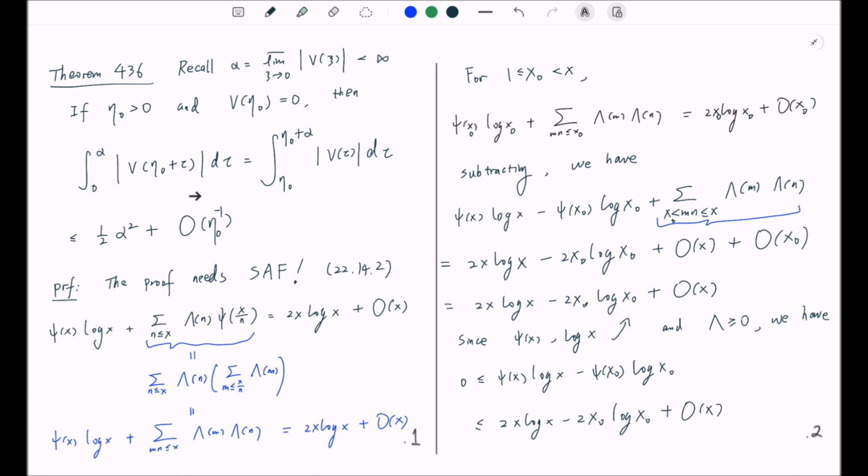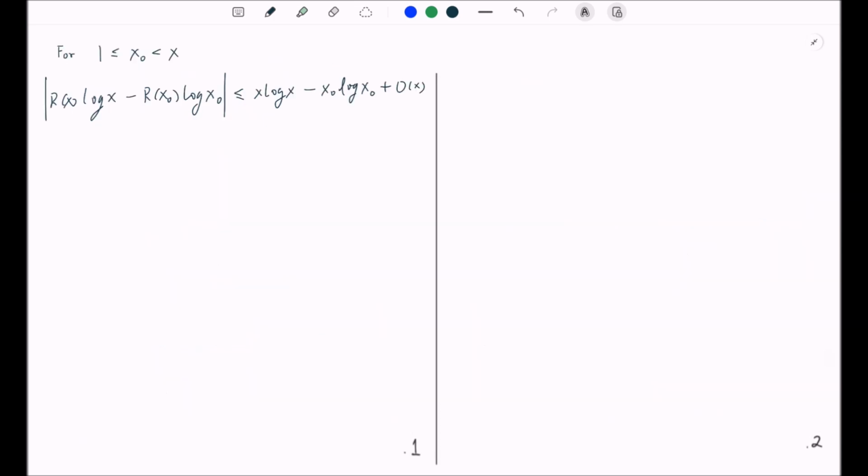Remember, our goal is to establish an upper bound for the integral involving v. But so far in the proof, the letter v has not appeared yet. But that is what we're going to do next. We'll do substitutions on the variable x and x naught, and then you will see v appearing.